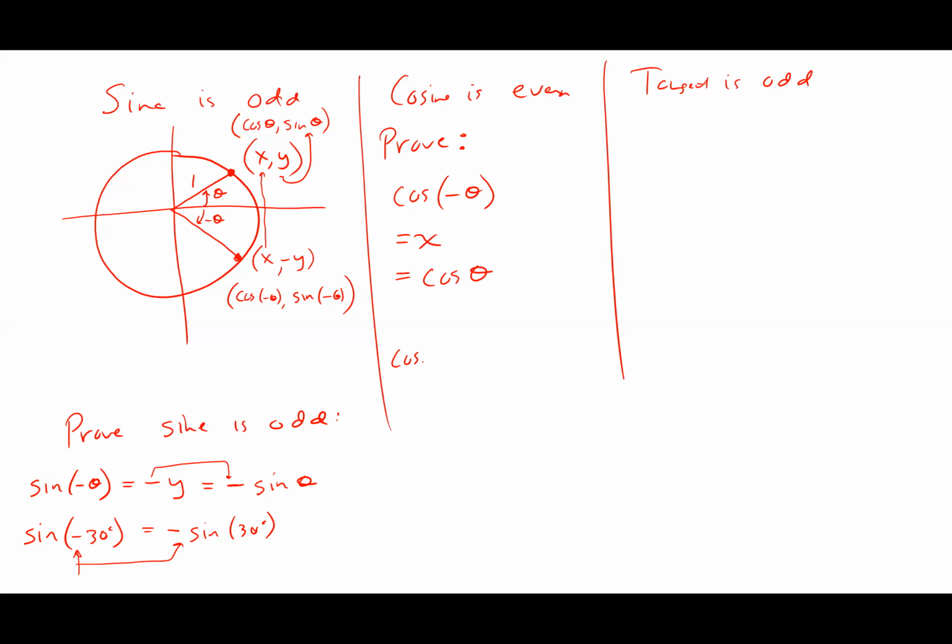As an example, cosine of negative 30 degrees. Let's punch that in our calculator real quickly here, and punch in cosine of positive 30 degrees. Let's see if they're the same value.